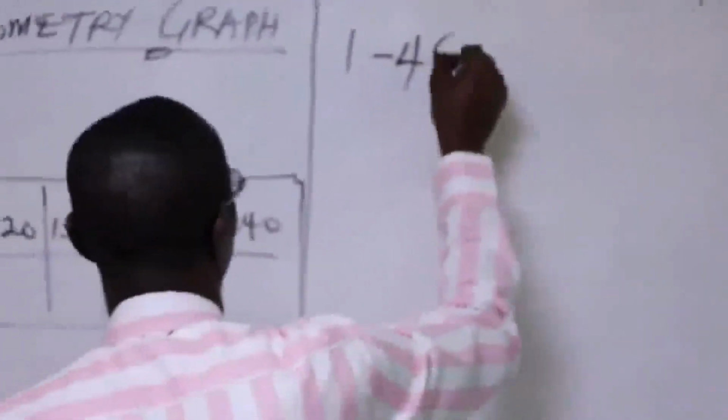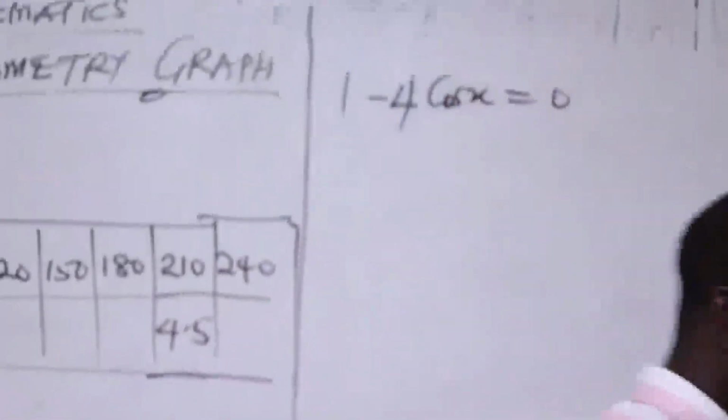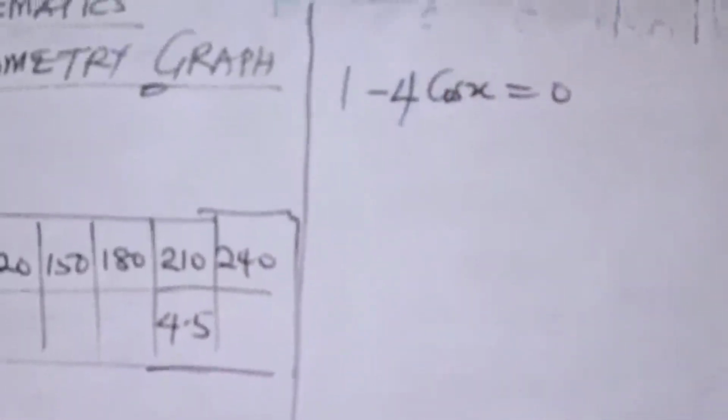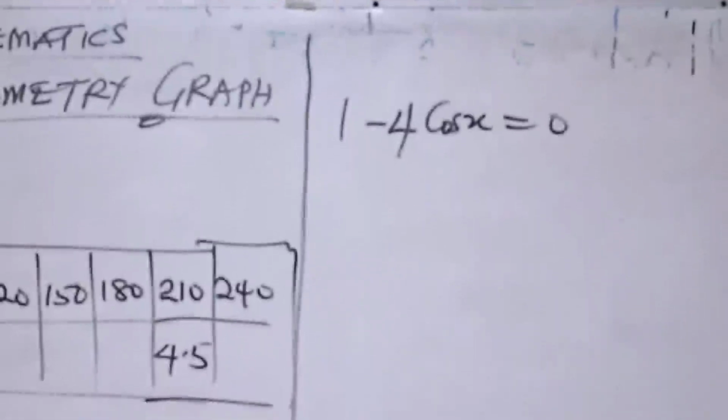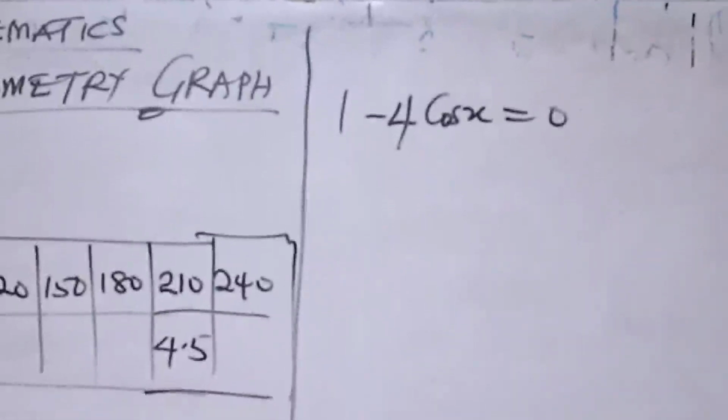Use your graph to find: 1. Solve the equation 1 minus 4 cos x is equal to 0. 2.